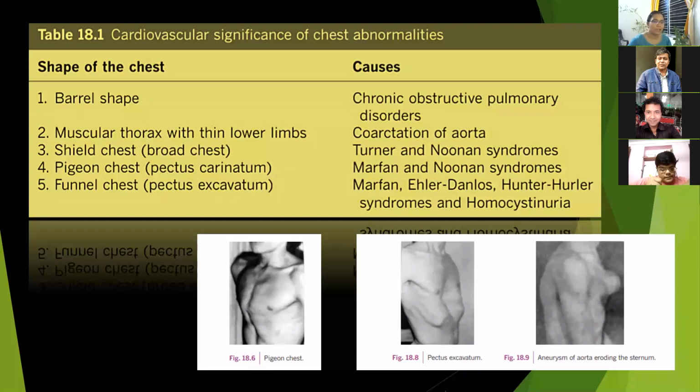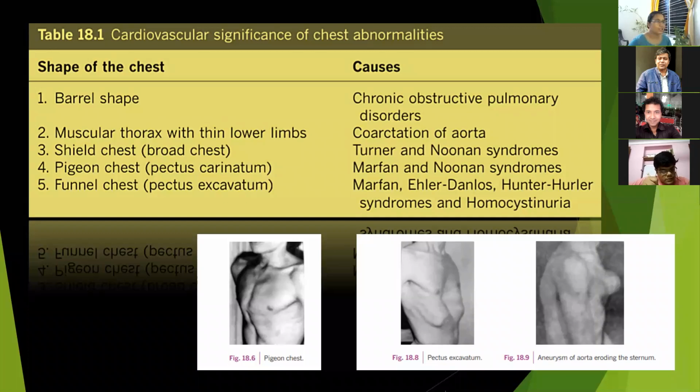So blood supply up to the subclavian arteries is normal. Since the subclavian artery supplies the upper limbs, they are well developed. But blood flow in the descending abdominal aorta and the femoral arteries is less. Therefore, the lower limbs are thin. So if you find a patient with muscular thorax with well-developed upper limbs but thin lower limbs, you get the hint by inspection itself that the patient may have coarctation of aorta.